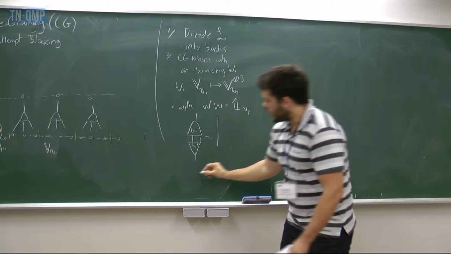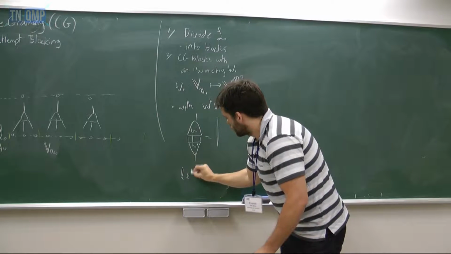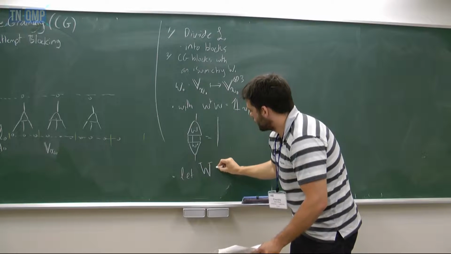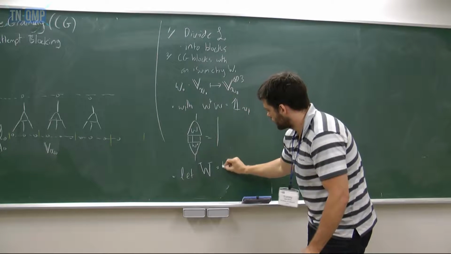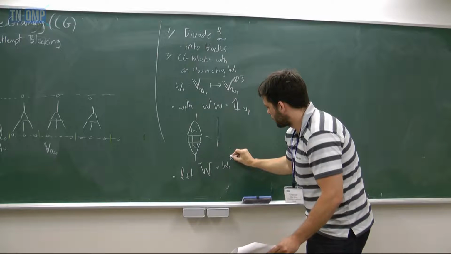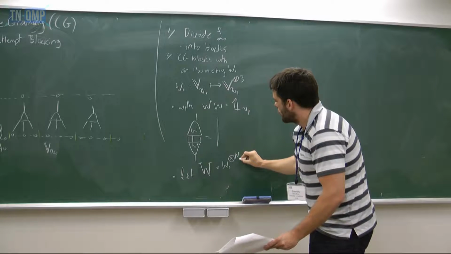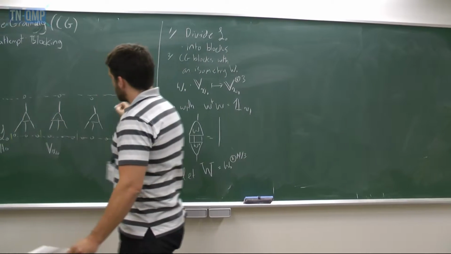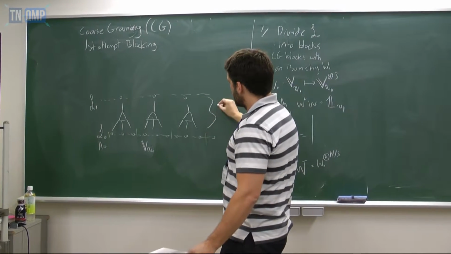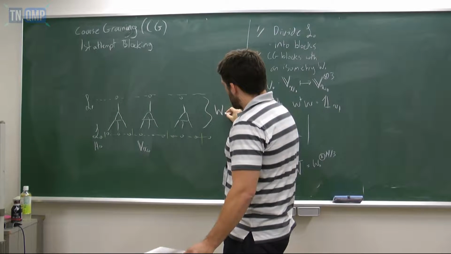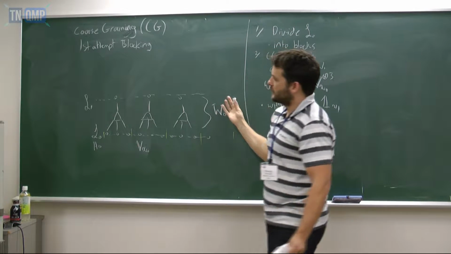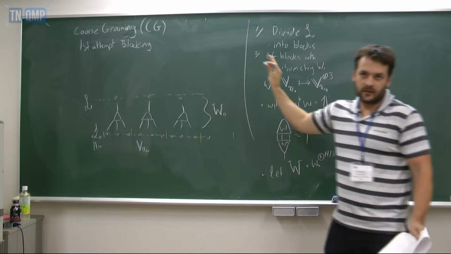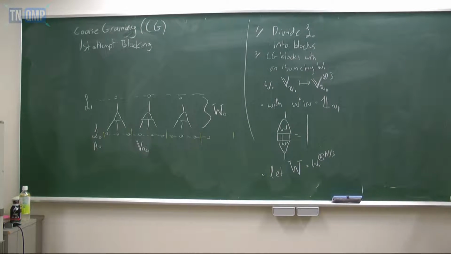Okay, and let's say we're going to call big W the tensor product of all of these local transformations. So here we're associating this big W as a mapping between our initial lattice and our coarser lattice. Okay, so this is just the simplest thing we can do.